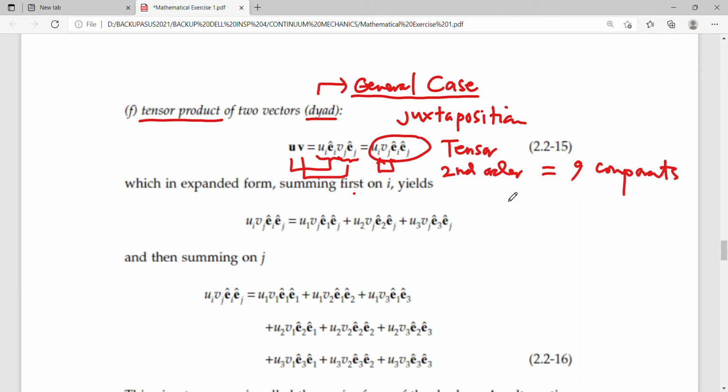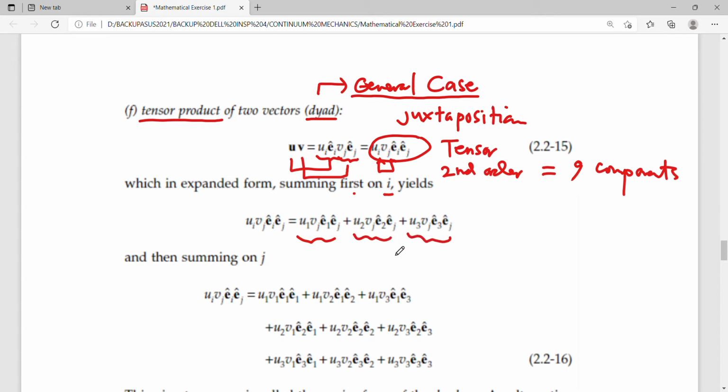But as I've said, since it's a general case, when we sum this resulting tensorial quantity, the mere fact that this is an i and a j, we can say that this is only a scalar quantity. So the interpretation of this can now be represented by a simple summation on i and j, which yields first with the iteration on i in this form.